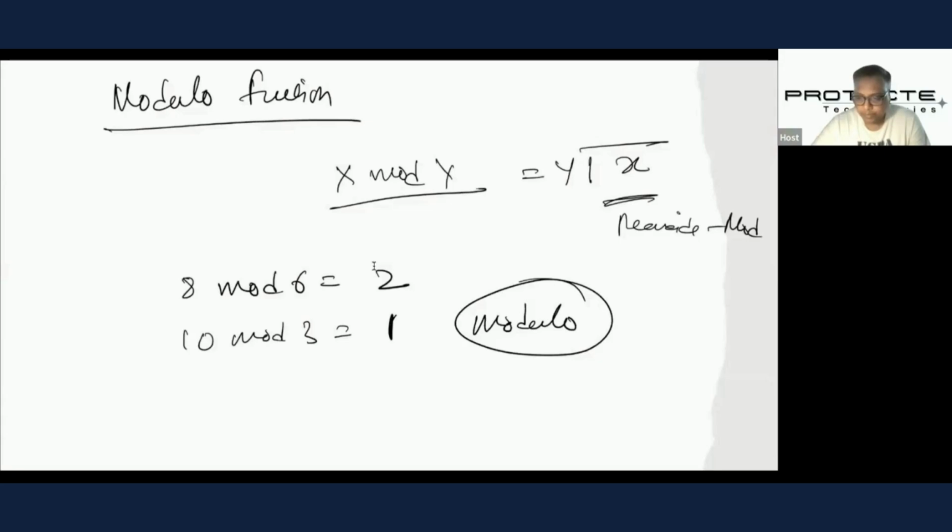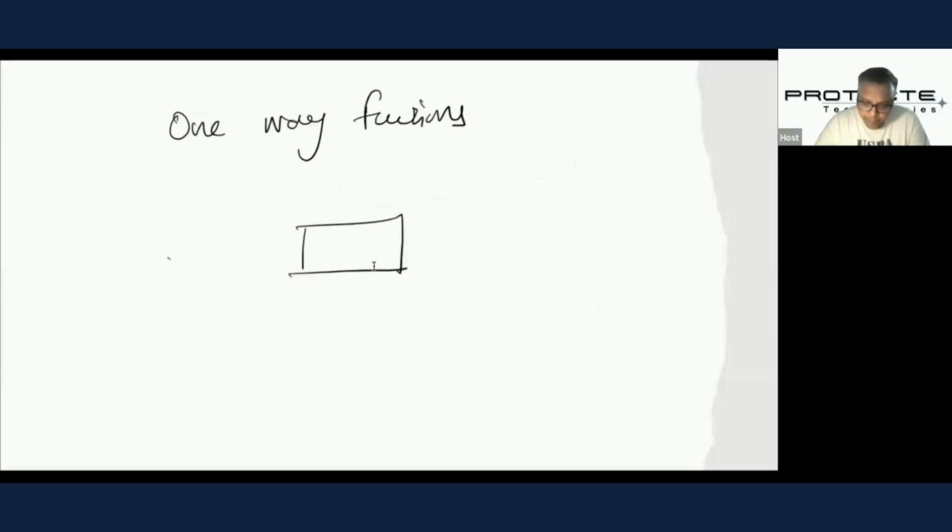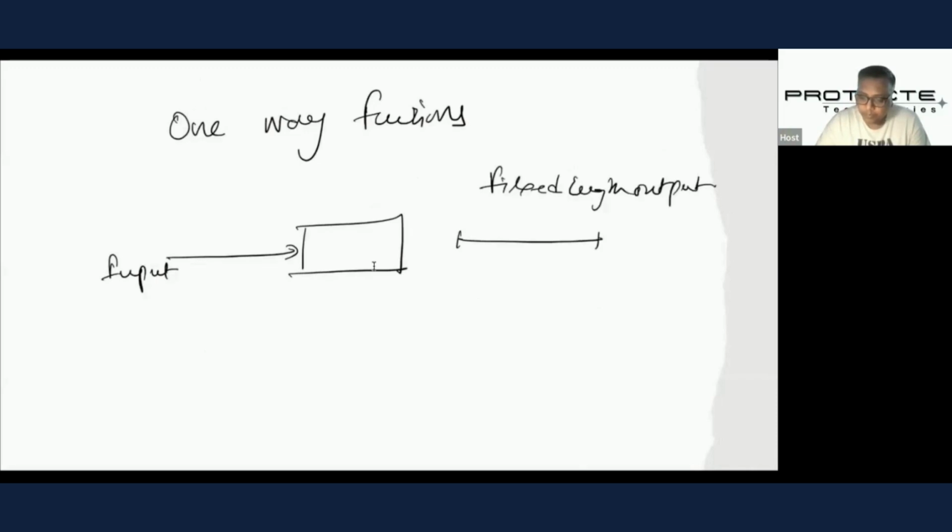Okay, one more thing which we see in cryptographic systems is called one-way functions. What are one-way functions? One-way functions are, you have a mathematical system, you give it an input, and it gives you a fixed length output. One-way functions are used for hashing.